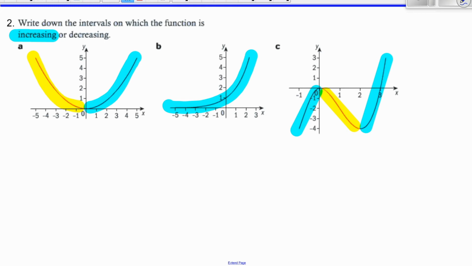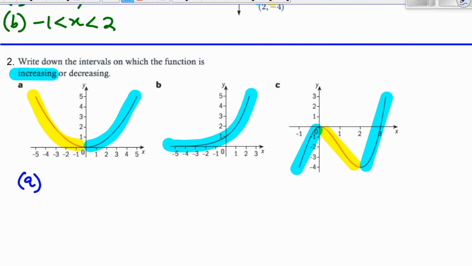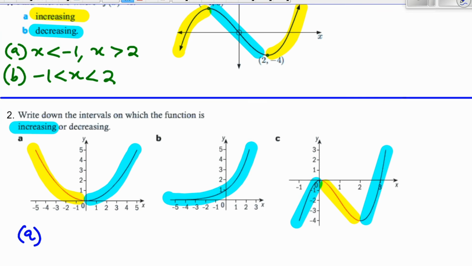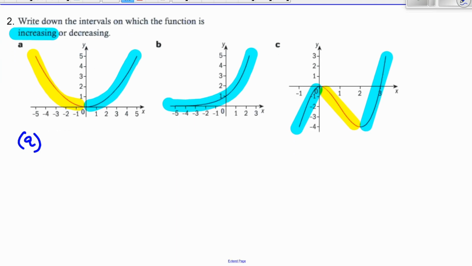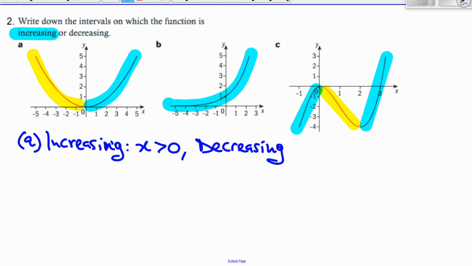So we need to write these statements using inequalities. So A, increasing will be when x is greater than 0, and decreasing when x is less than 0, as you can see from the graph.